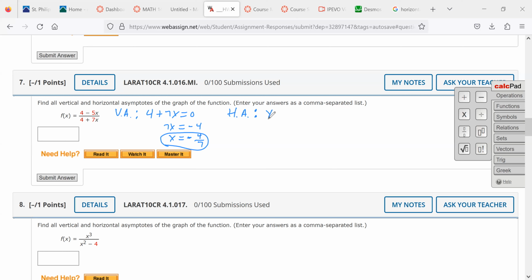It's going to be y equal to the coefficient of the top divided by the coefficient of the bottom. So this equation of a line is the horizontal.